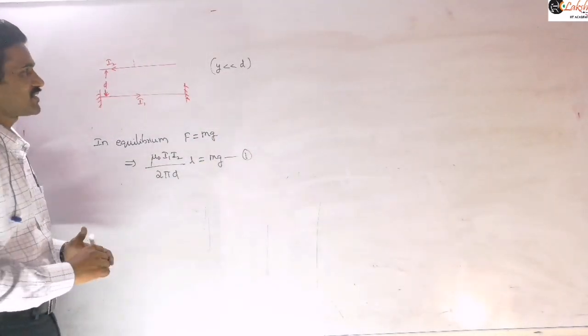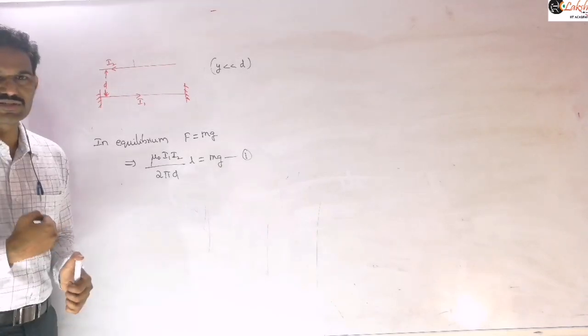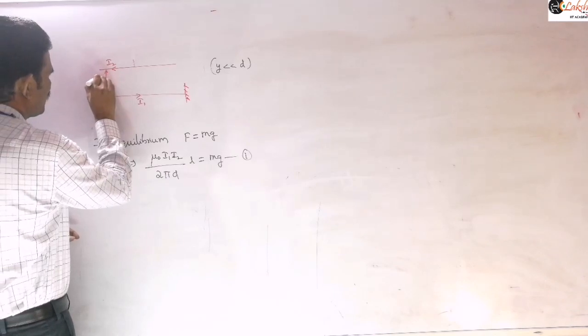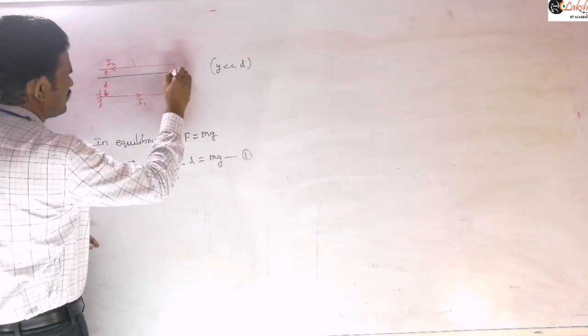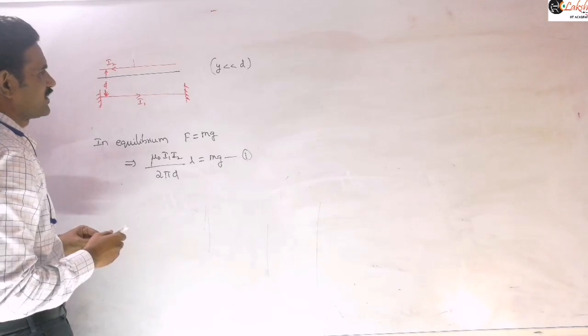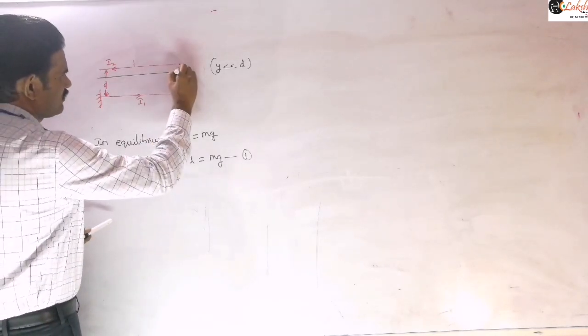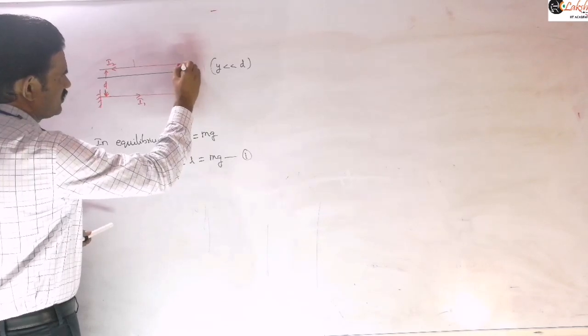Now let us consider the case once that wire is displaced by some distance y. I am assuming that this wire is displaced until here, so this distance we are taking as y, and that y is very small, as mentioned, so that we can use the approximation if it is required.